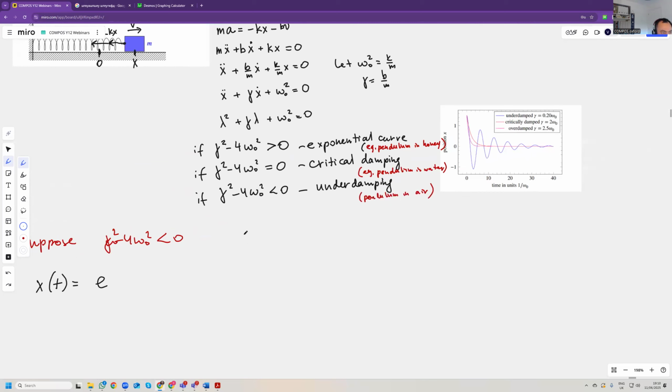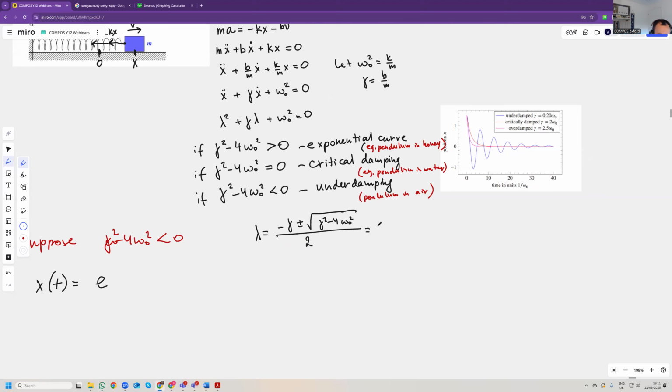So lambda is equal to minus gamma plus or minus square root of gamma squared minus 4 omega 0 squared, divided by 2.